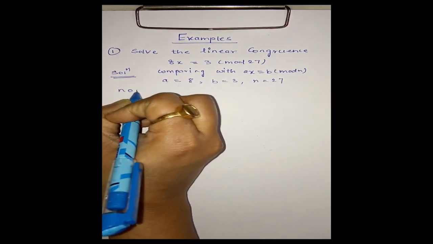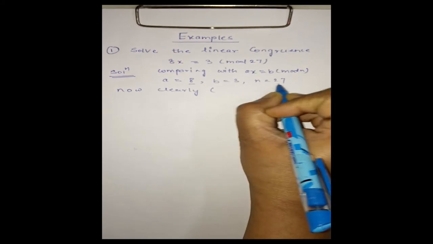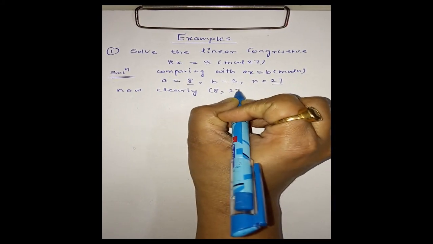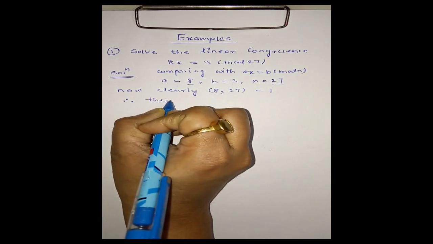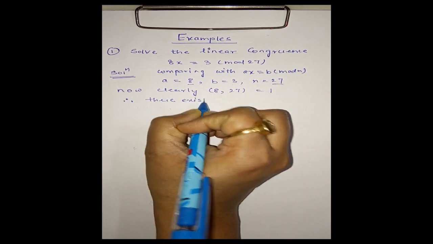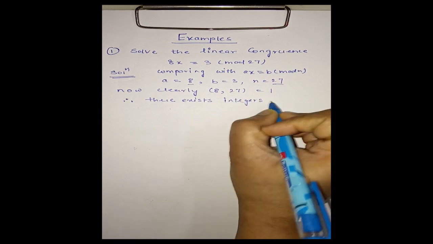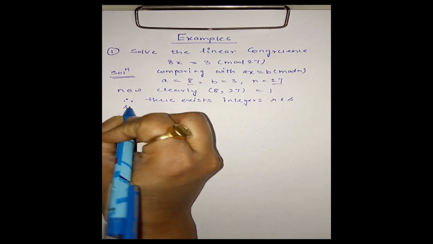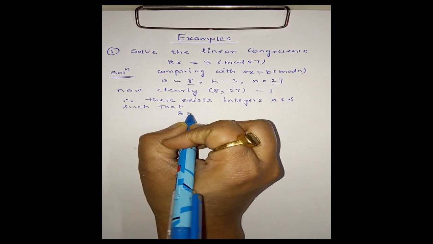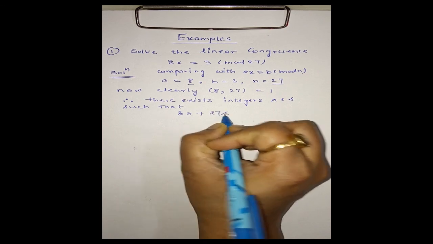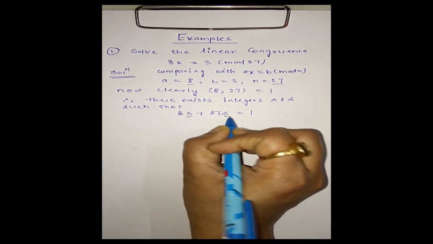Now clearly GCD of 8 and 27 is 1. Therefore, by Euclid's algorithm, there exist integers R and S such that 8 into R plus 27 into S is equal to 1. Now we will find this R and S.